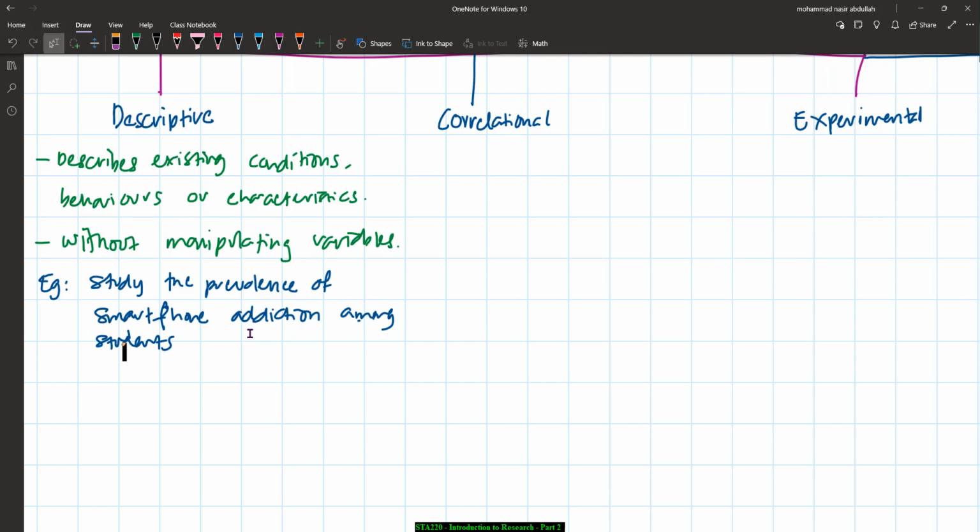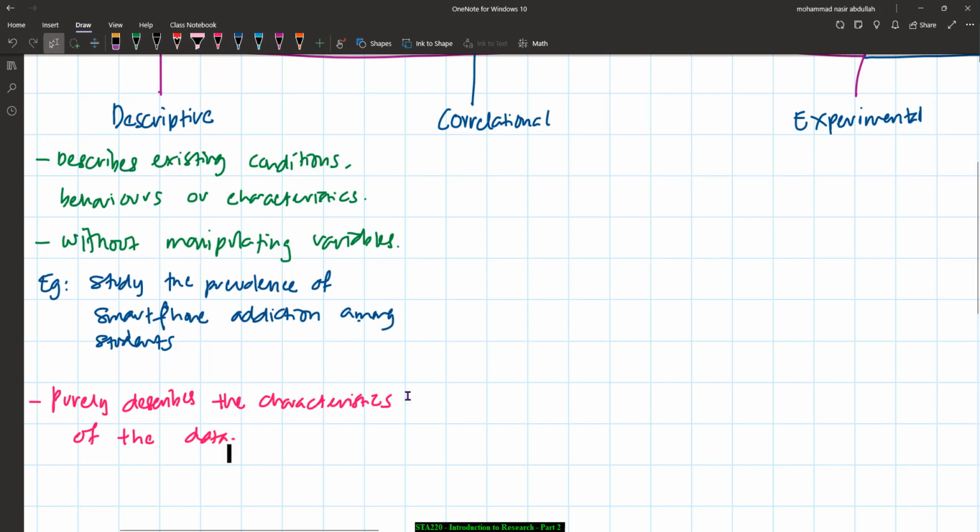We don't want to find any relationship, why this happened, what is the factor that caused smartphone addiction. We don't want to know all that. We just want to describe only, right, based on the information given by the respondents. Right. So this is purely describing the characteristic of the data. This is written here.